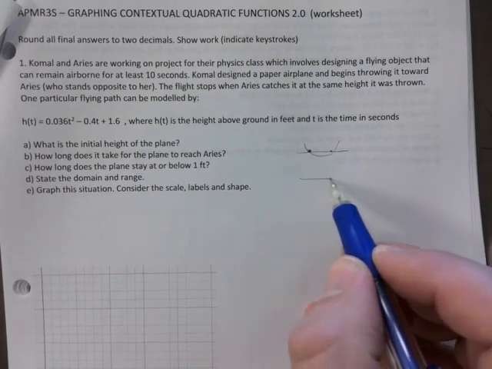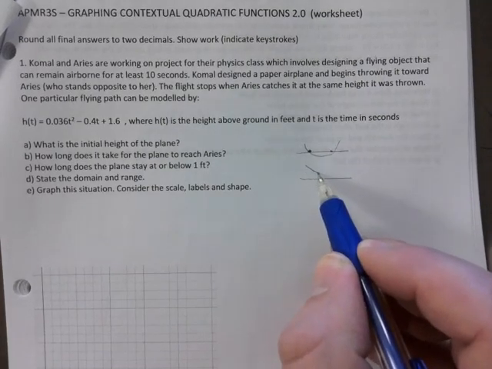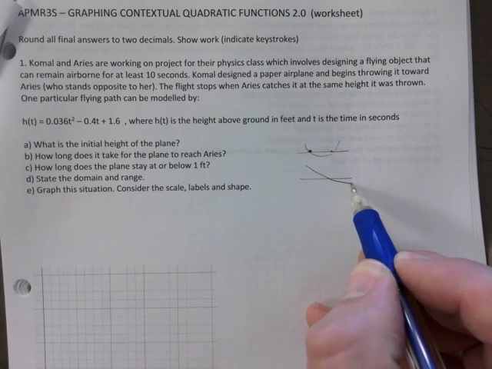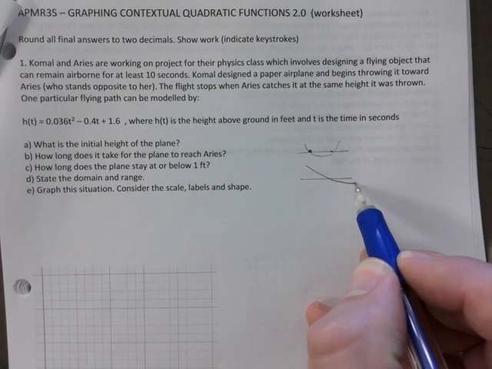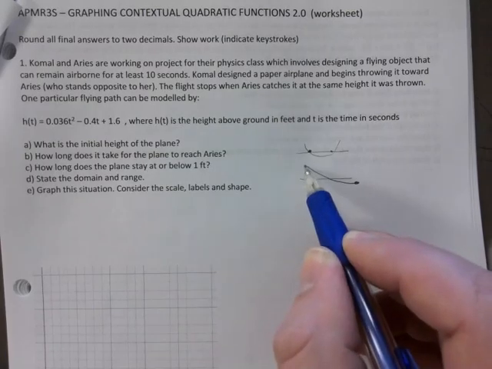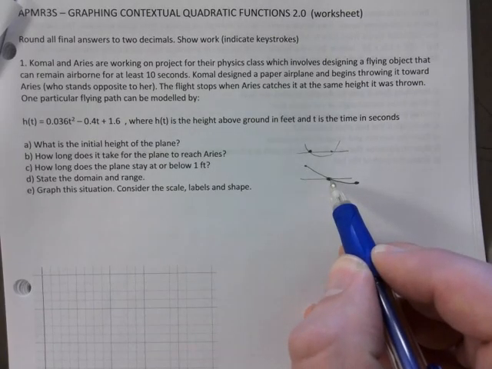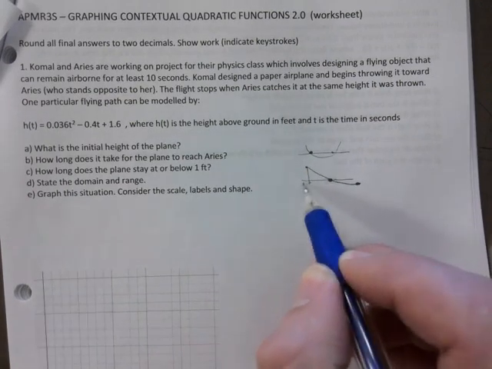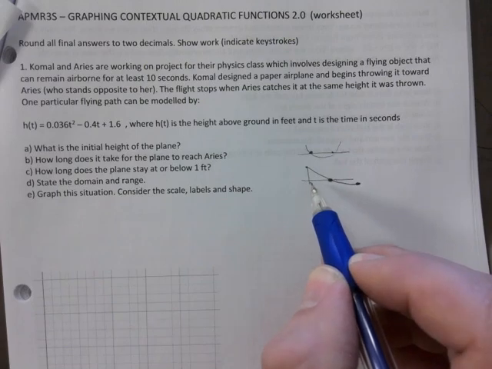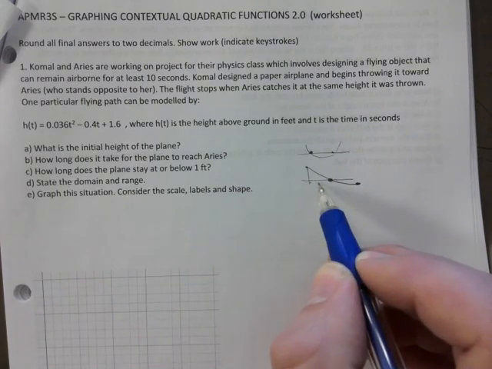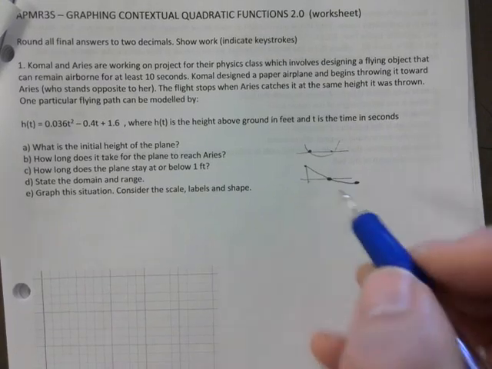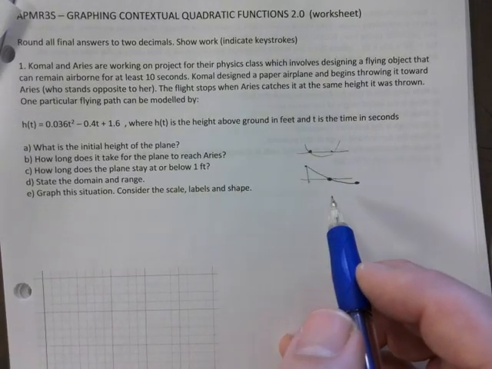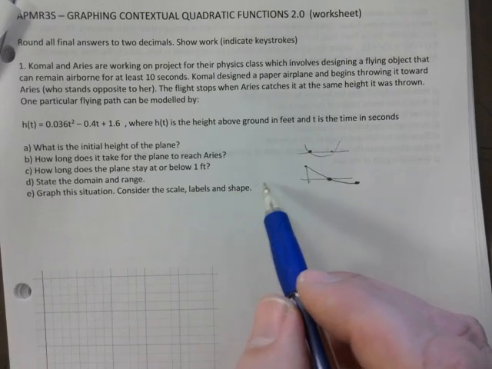If you graph your line and it only touches it once like this, then you just find that and subtract it from 0, from your starting time. And so that is the time it spent above or below. You've got to watch out for the wording. So that's going to happen here as well.